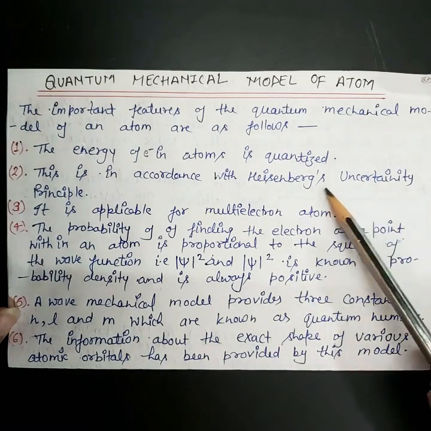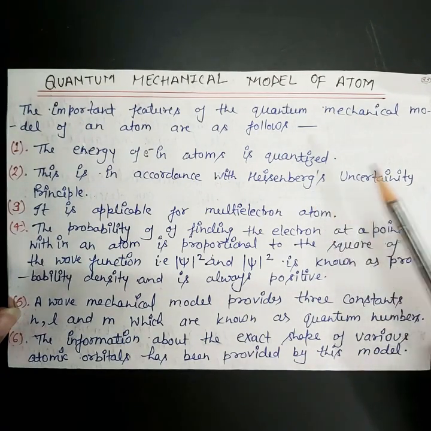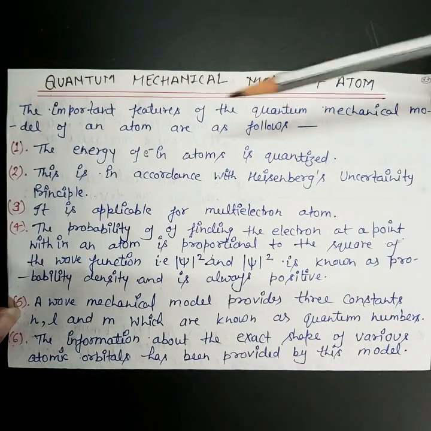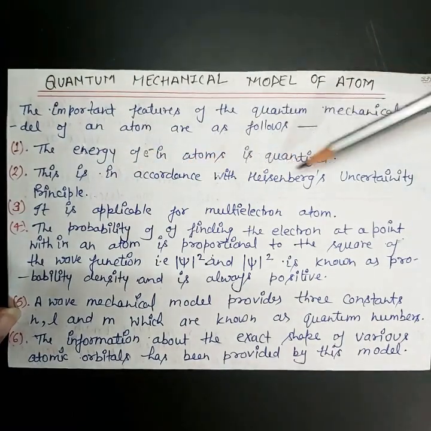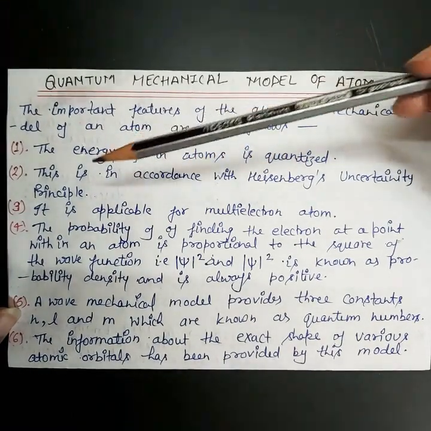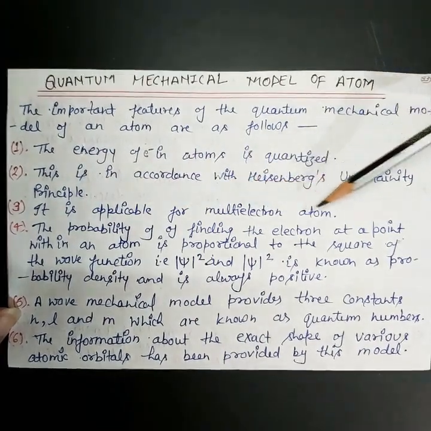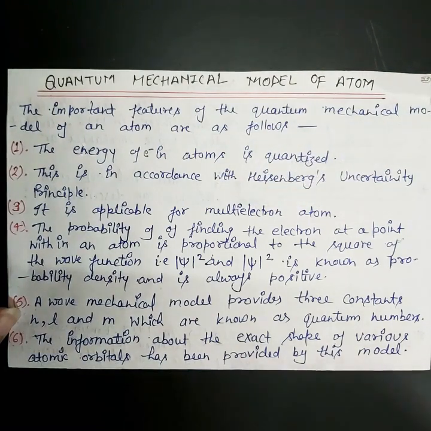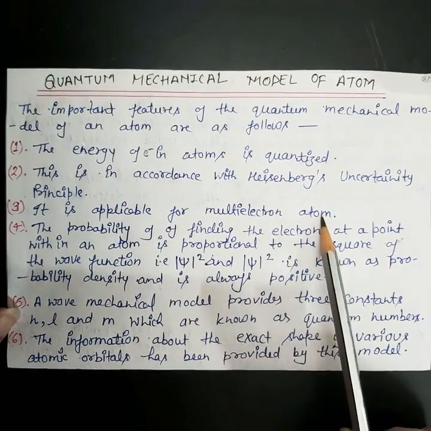Similarly, Heisenberg also said that it is not possible to find out the exact position of electron. So we can say that this is in accordance with Heisenberg's uncertainty principle. Next, it is applicable for multi-electron atoms. Obviously it is applicable, because the value of psi for any electron can take many values, and for many values of psi there can be many orbitals present in an atom.